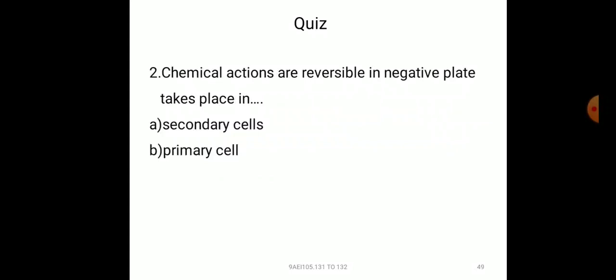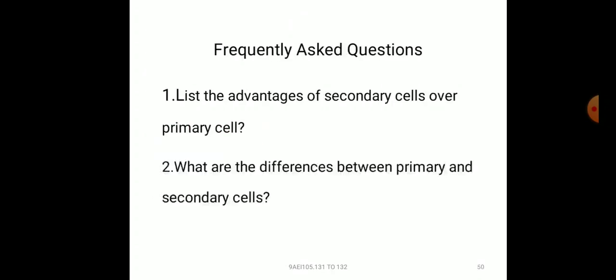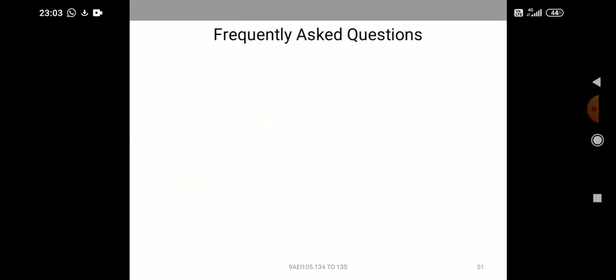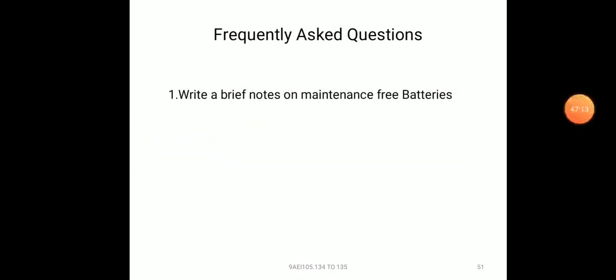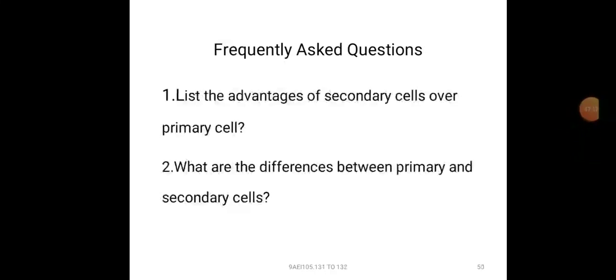Chemical actions are reversible in the negative plate of which cell? You know that the reversible action is in the secondary cells. Now we have other important questions.